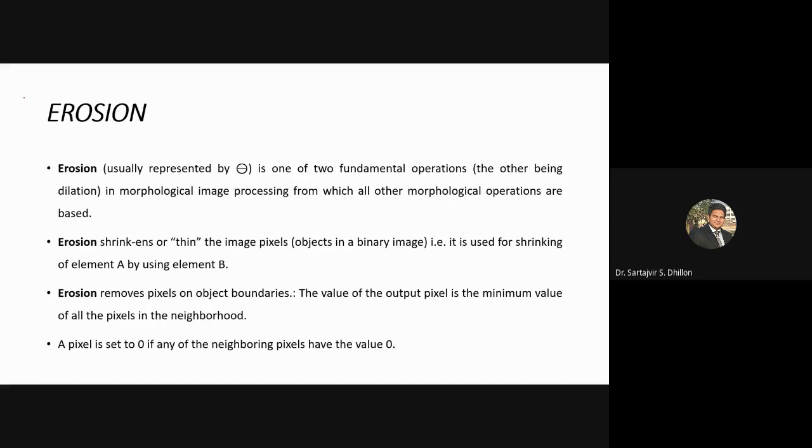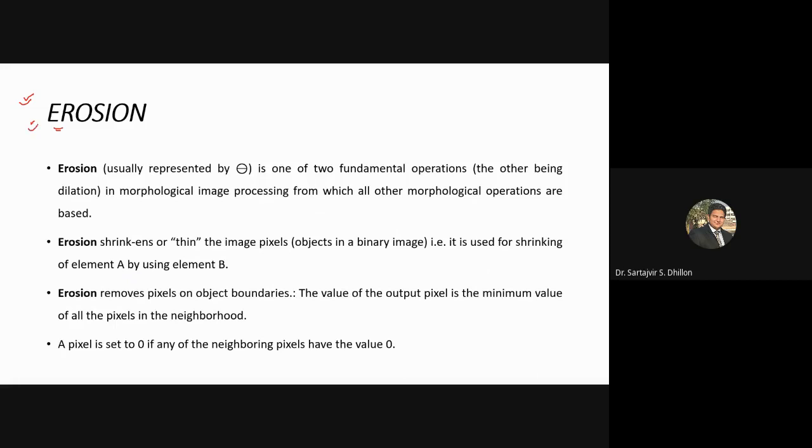The most important step in morphology: basically there are only two steps involved, on which other operations depend. The first one is erosion, and the second one is dilation. Dilation we will cover a little bit later.